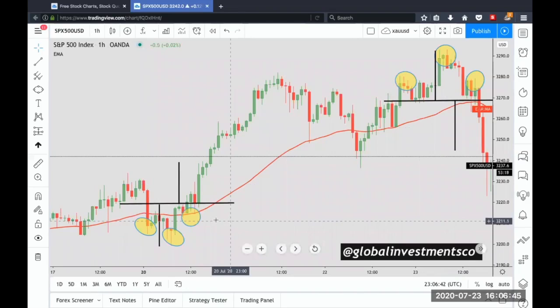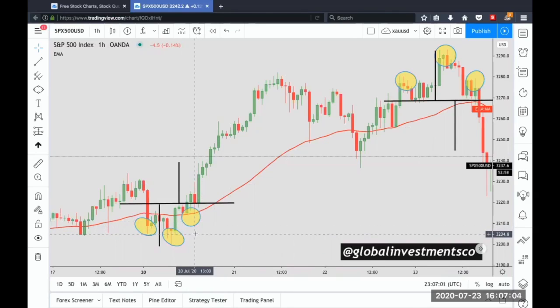All right, so for this example over here on the left side, we have an inverse head and shoulders, which is actually the opposite of a regular head and shoulders market pattern. We have it upside down. So rather than the head being at the top and the shoulders being under, for the inverse, we got the head at the bottom and we got the shoulders on the top.